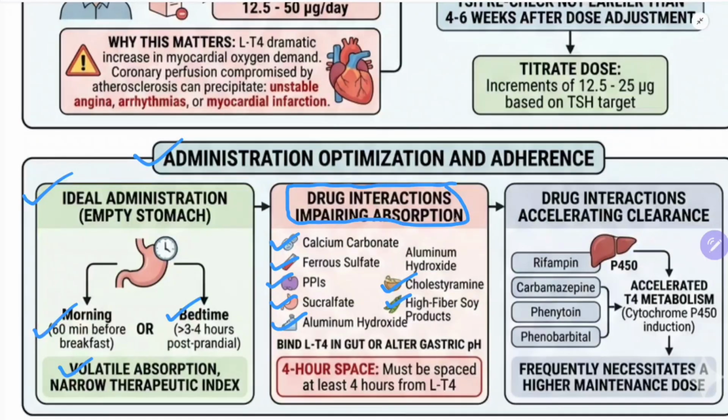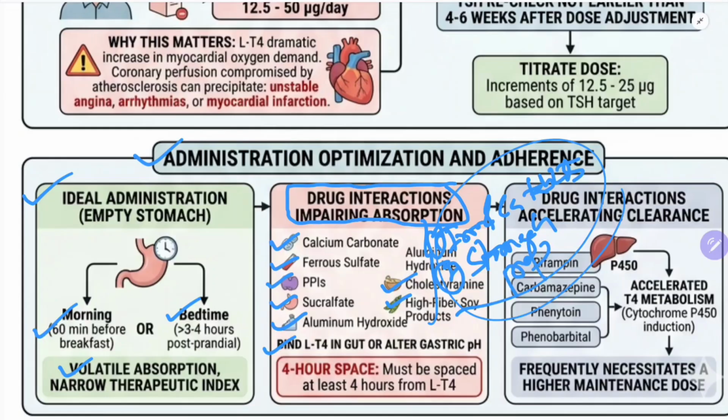Remember it shortly as number 1, iron and calcium tablets, number 2, stomach preparations. These bind LT4 in the gut, or they alter the gastric pH, so that will decrease the absorption of T4, and you will go on increasing the dosage because of this. They will interfere with the absorption of LT4.